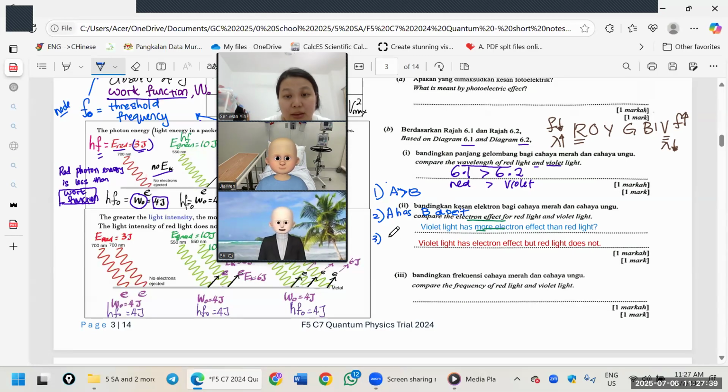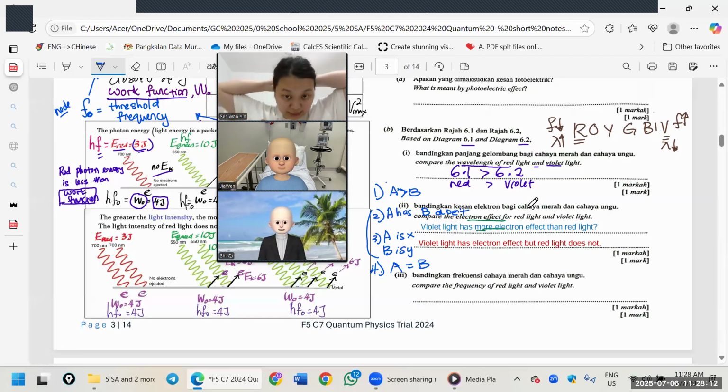Number three, we say A is X where B is Y, like A is parallel circuit while B is series circuit. And number four, A same as B. But very rare you will use 2 and 3. You can see this after chapter 3, the electric one.